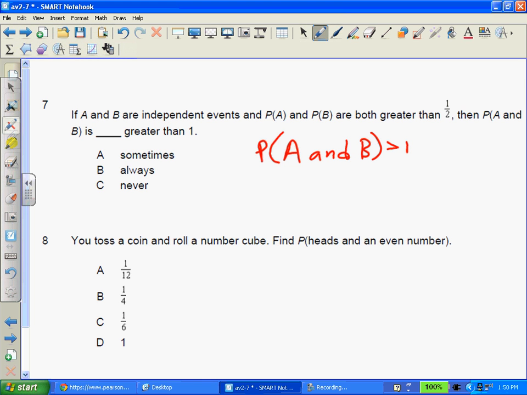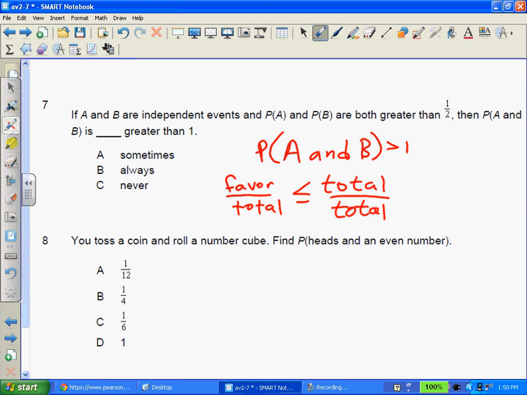Well, for probability, our fraction is favorable over total. So the largest that could ever be is if your favorable was your total. So this is less than or equal to total over total.